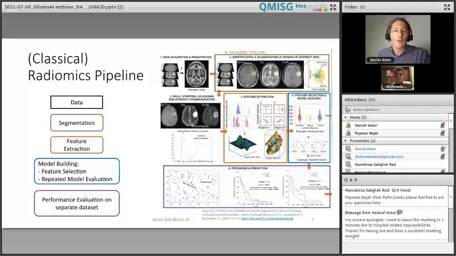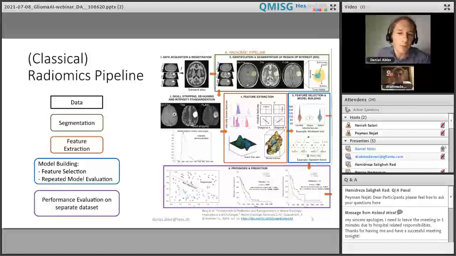From this region of interest, we then extract a number of features. These can be any of the features that I've mentioned before. Potentially this can result in an extremely large number of features, not all of which are readily interpretable.